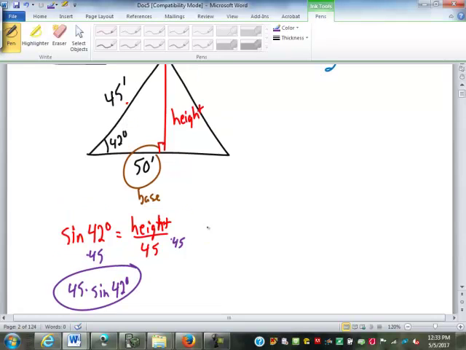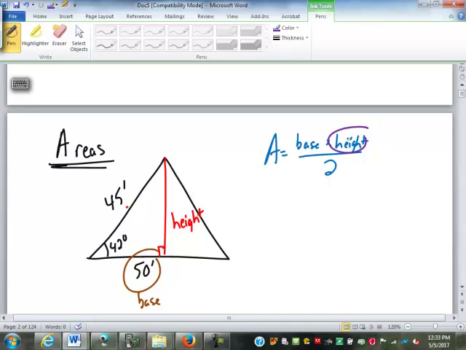So in this formula up here, I can replace that height. So it'll be base times that 45. I'll put the base in there as 50, times that 45 side times the sine of that angle of 42 degrees over 2.